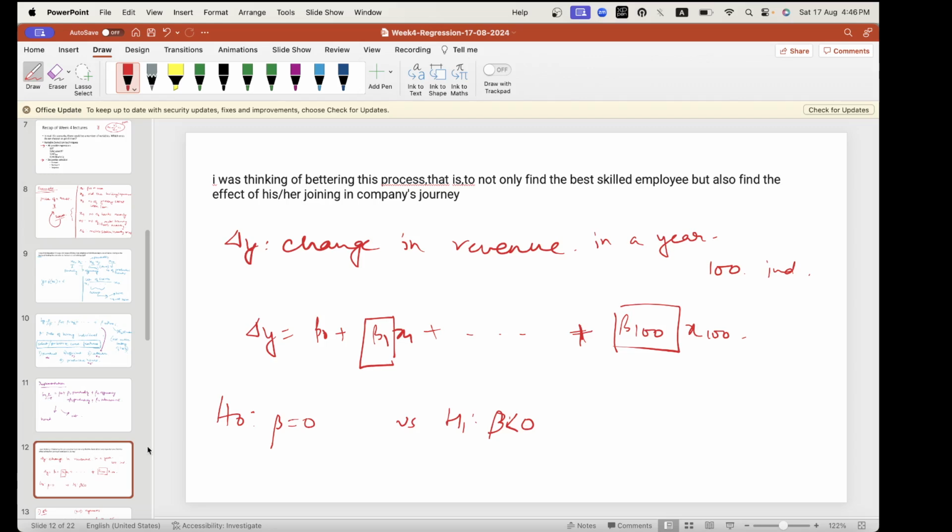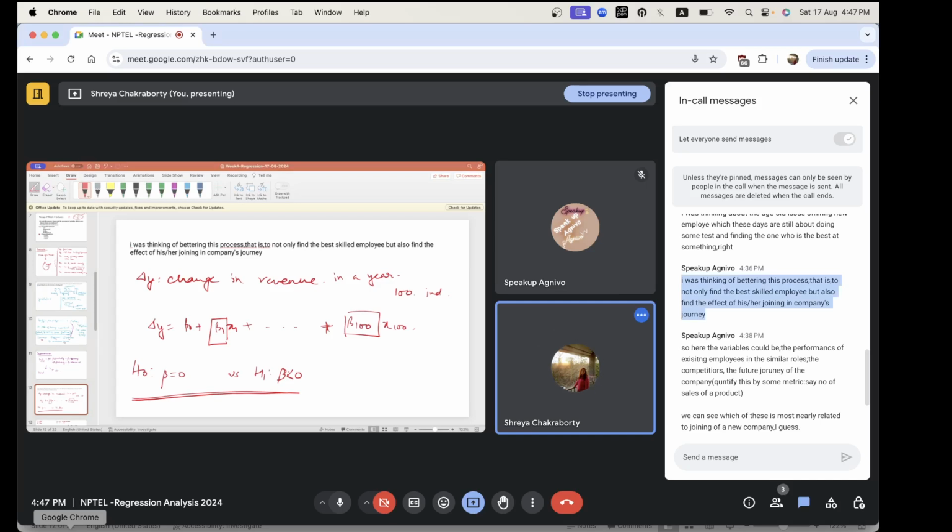You would expect a positive impact or positive contribution, but you wouldn't be very harsh towards an employee if the contribution is not significantly positive. But if it is detrimental, then that is a cause of worry. So maybe you can go ahead with testing this sort of hypothesis, and then find out who is making good contributions to your company.